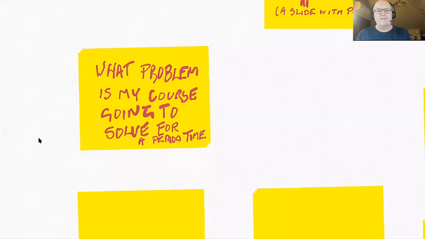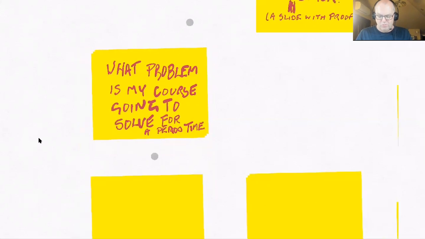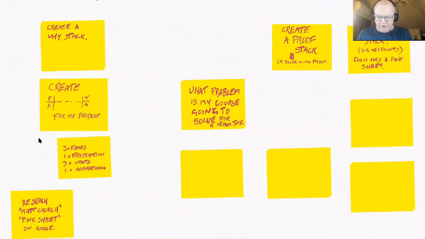We cook our recipes and do tests in the test kitchen. I don't know if you know this or not, but before a recipe goes in a cookbook, it's literally tested in a test kitchen dozens and dozens of times to make sure it replicates the results. You don't publish a recipe until it replicates the results. And guess what? There's a recipe for doing that, which is cool. So we need to identify what problem my course is going to solve over what period of time.